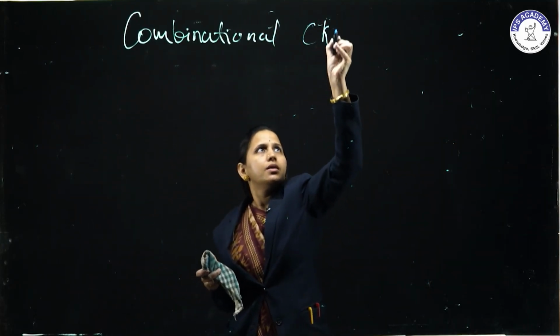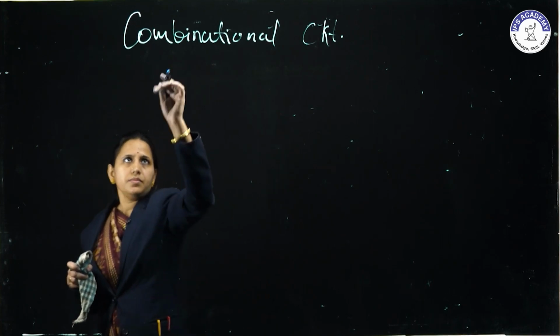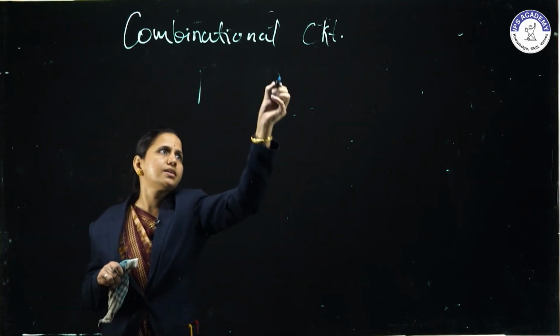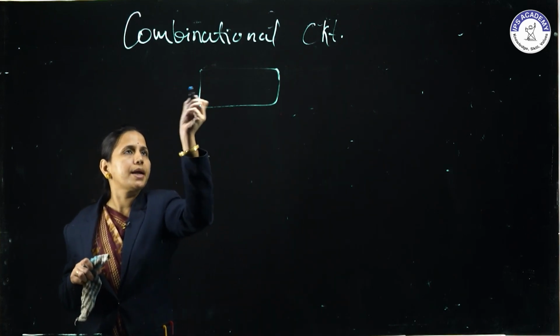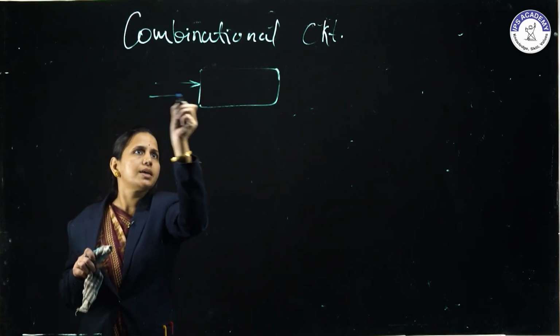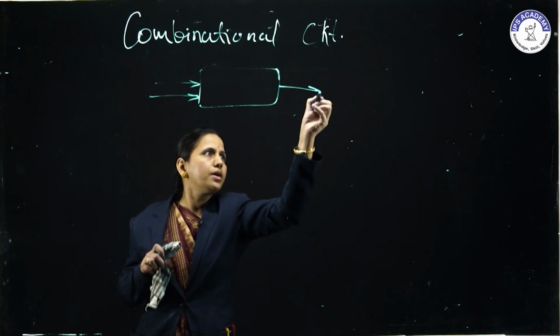Combinational circuits. Combinational circuits are those circuits whose output depends only on the present value of the input.